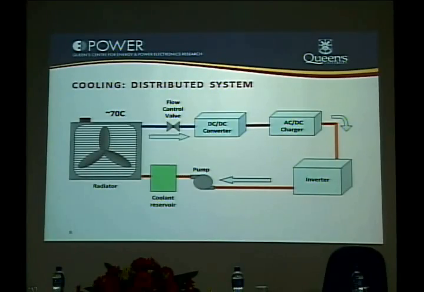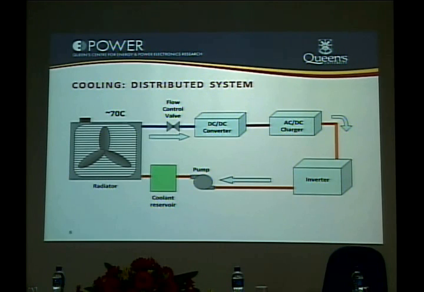So the cooling system is an integral part of the whole power electronics. And one preferred system is the closed loop system, in which there is forced liquid cooling that is going through all three different types of converters.